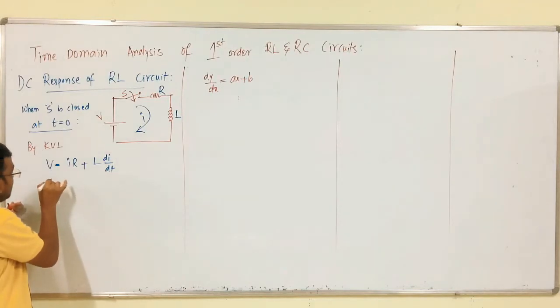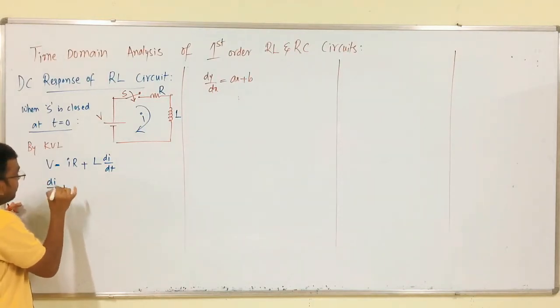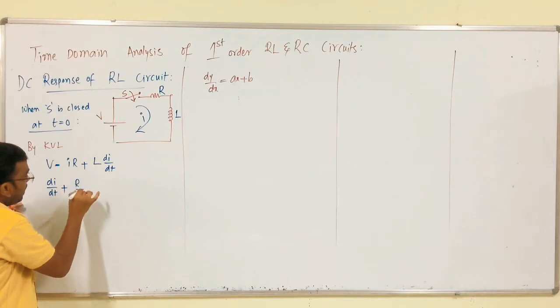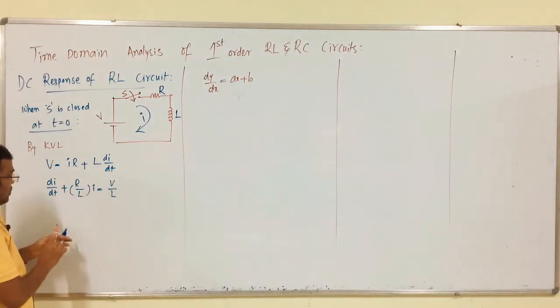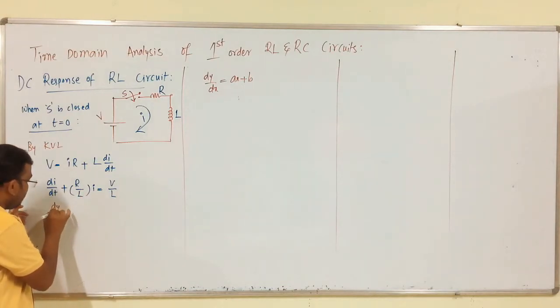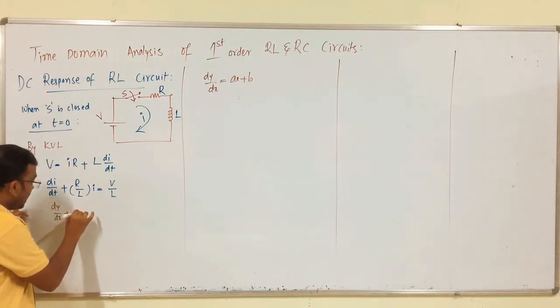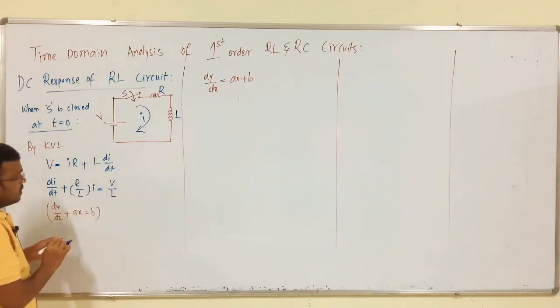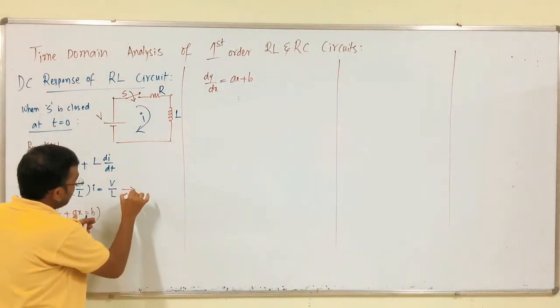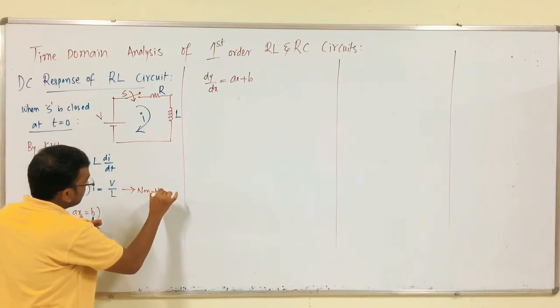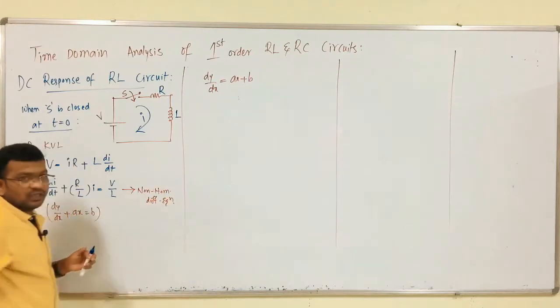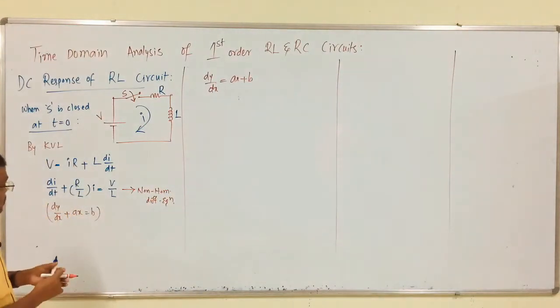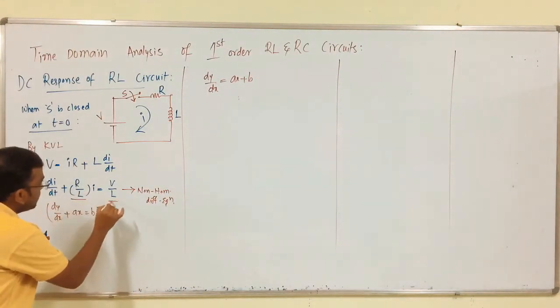So, from this, dI by dt plus R by L into I equals V by L. This equation is in the form of what? dy by dx plus Ax equals B, which is a non-homogeneous differential equation. So, this is A, this is B.